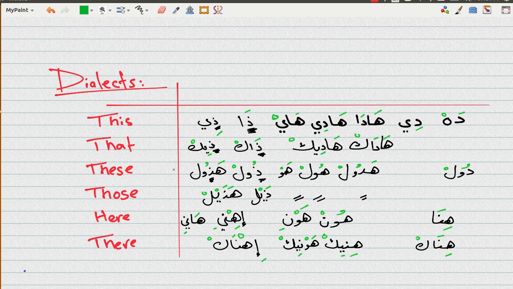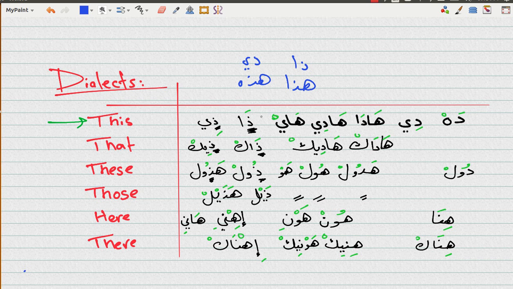Okay, so for example, to say this in Arabic, we said you say هذا or هذه. Okay, we said that. Now notice how the variation comes in dialects. You might find people saying da or di or هذا or هذه or هاي.